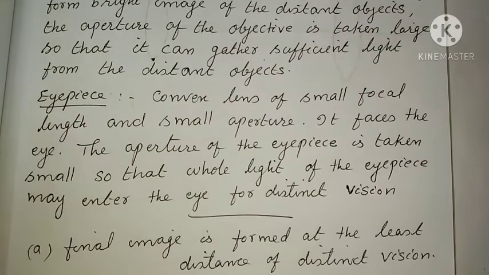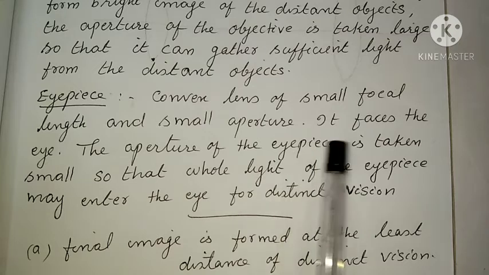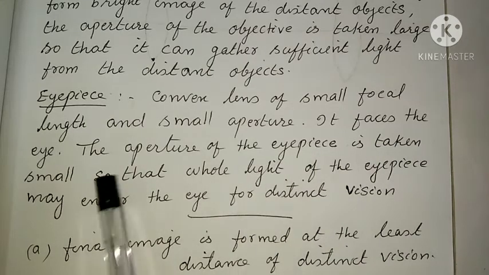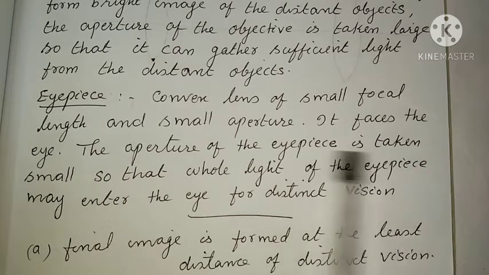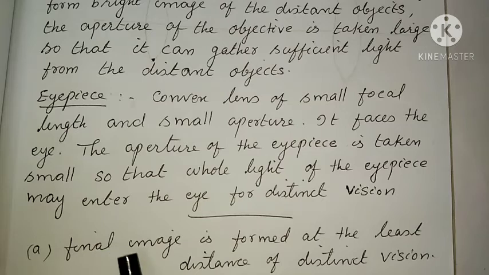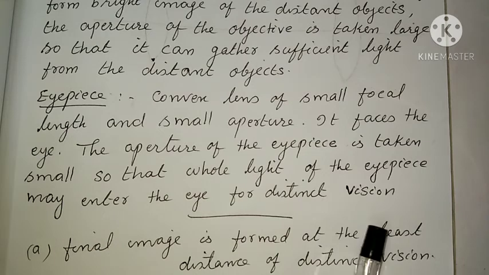Then the second one, the eyepiece. A convex lens of small focal length and a small aperture is known as the eyepiece. It faces the eye. The aperture of the eyepiece is taken small so that the whole light of the eyepiece may enter the eye for distinct vision.